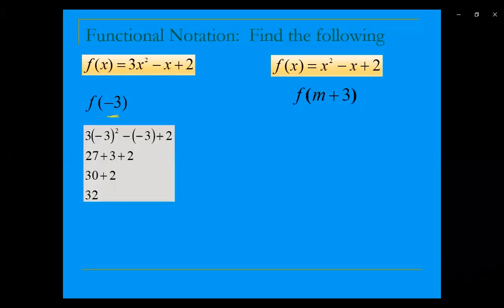So you are just putting the values of X wherever you see X in the function. So you put it into X here. So we have 3 times minus X raised to the power 2 minus -3 in bracket plus 2. Okay, you see X itself is -3.